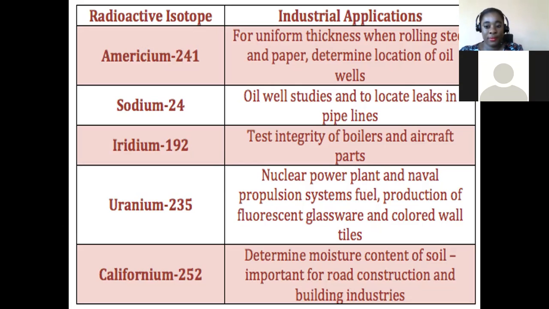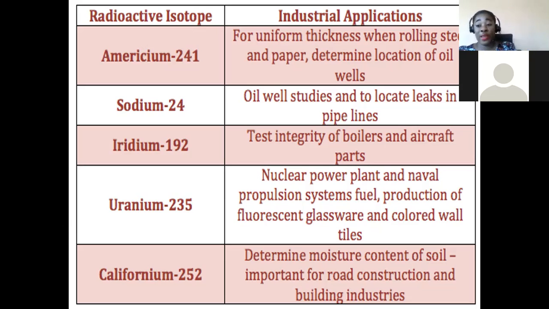Nuclear power plants and naval propulsion system fuel, production of fluorescent glassware and colored wall tiles. Good. And californium 252. Determine moisture content of soil, important for road construction and building industries.